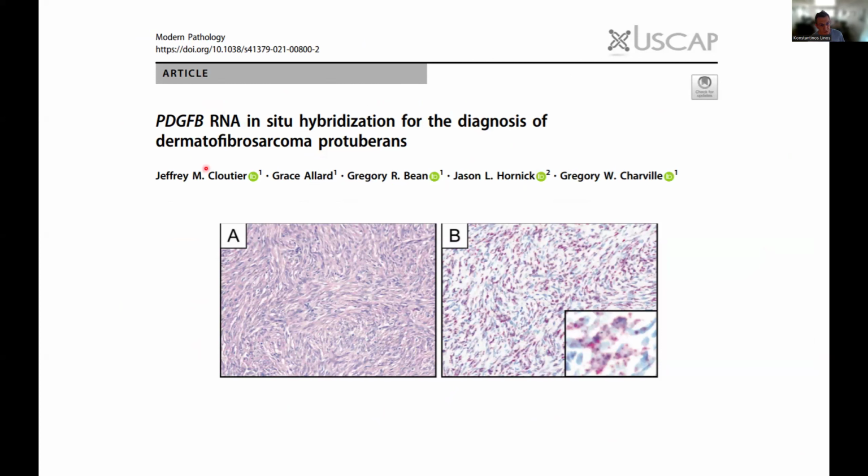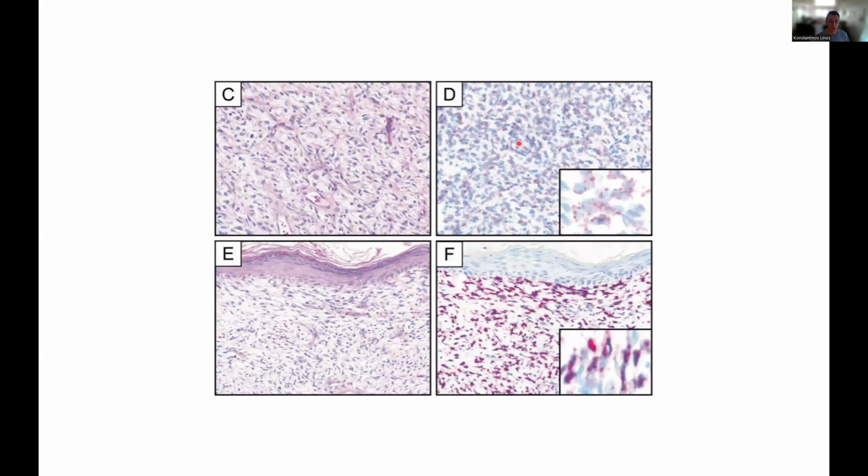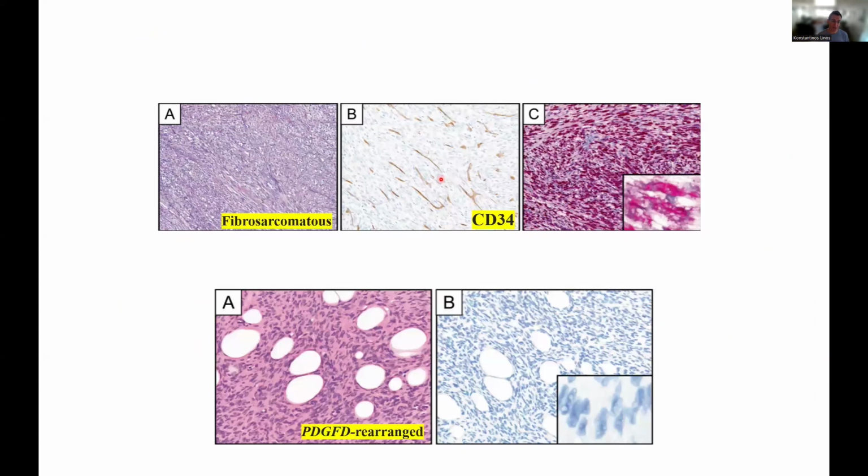And we have a new tool, the PDGFB RNA in situ hybridization, that people have worked on and actually works pretty well. But you have to validate it very carefully in your lab and show this punctate or aggregates within the tumor cells. These are some examples that are positive for PDGFB RNA in situ hybridization.